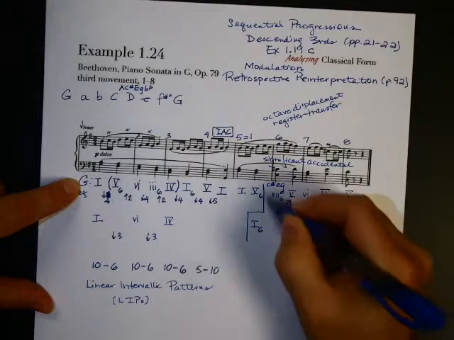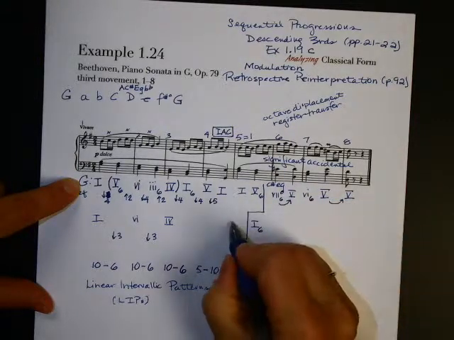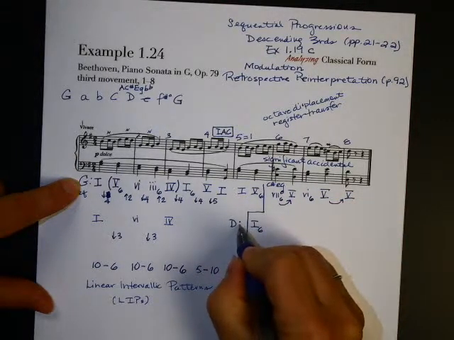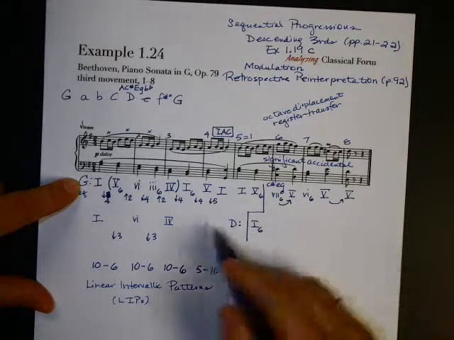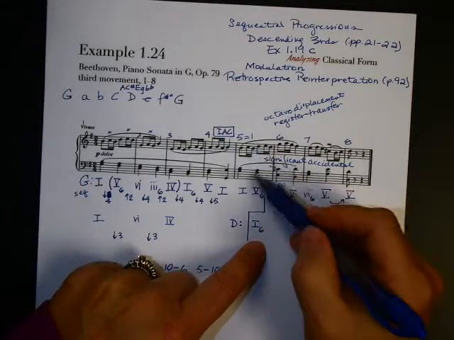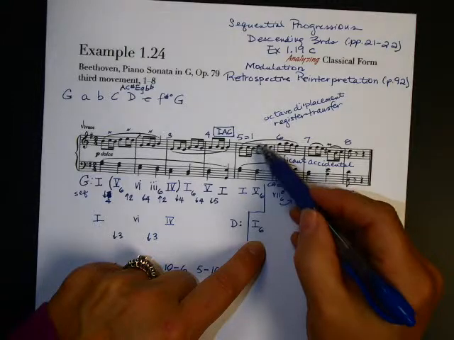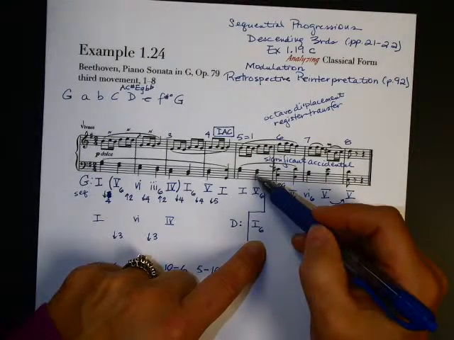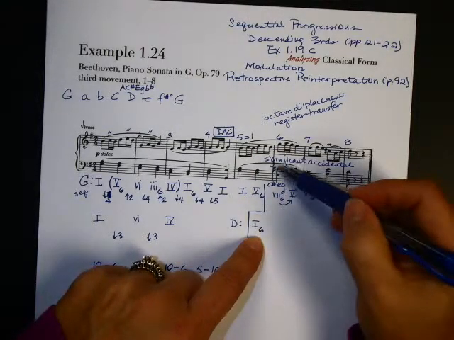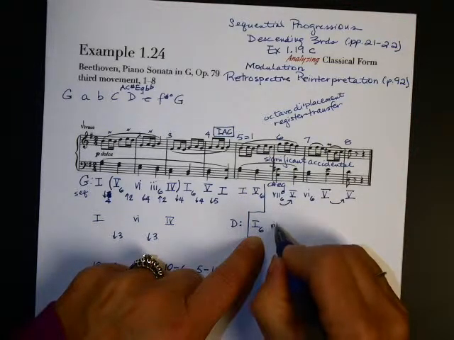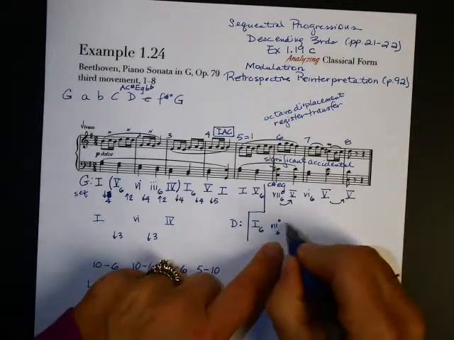And now I label the new key. So moving forward, this D major chord, first inversion, F sharp in the bass, 1/6, C sharp, E, G. That is the 7 diminished first inversion, moving out to a 1 chord in the key of D major.